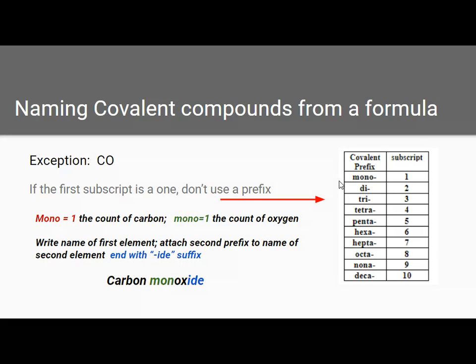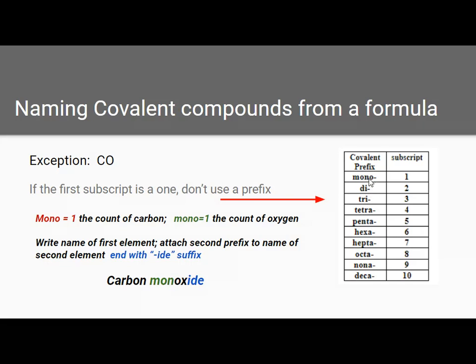Okay, there are a few exceptions to using the prefixes. The one major exception is that if the first element in your chemical formula, like this chemical formula, CO, has a subscript of 1, which is understood here, we would not use a prefix on the name of the first element.